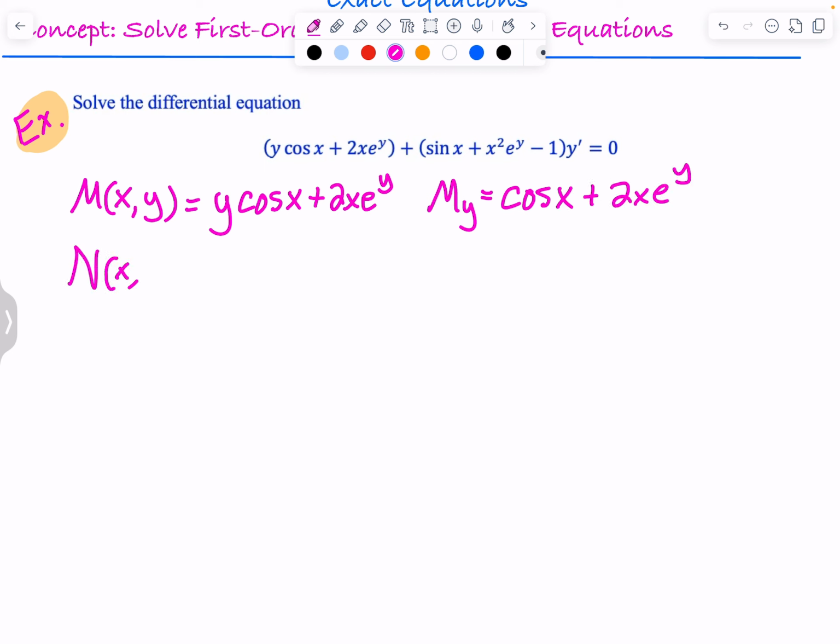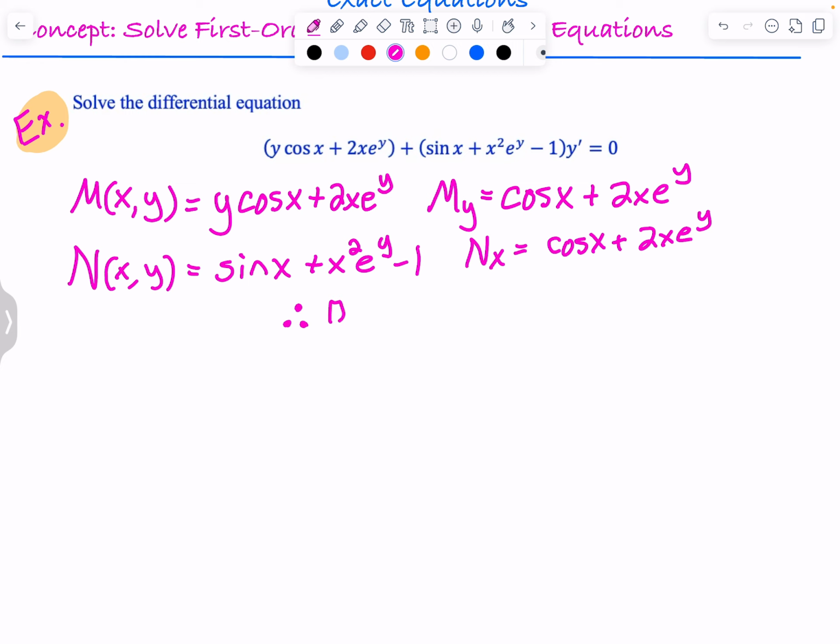N of xy is sine x plus x squared e^y minus 1. So that means Nx is going to be cosine x, and then the 2 comes down, and I get the same thing. So therefore, the DE is exact.